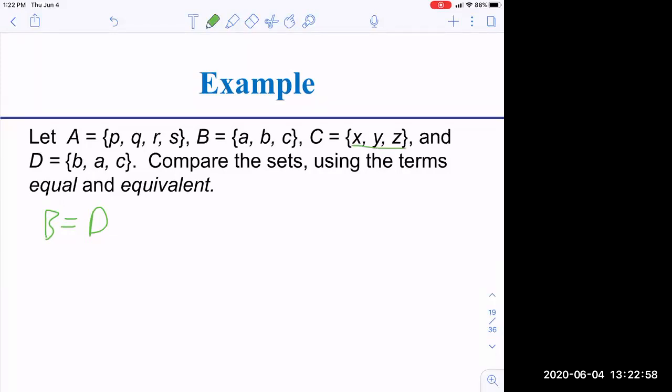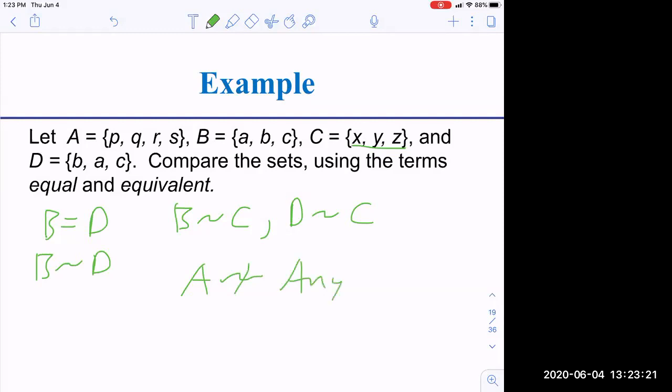Well, C has 3 elements, so B is equivalent to C, and D is equivalent to C as well. Also, B is equivalent to D. And now we can look at A. A is not equivalent to any of them, because it has one more element.